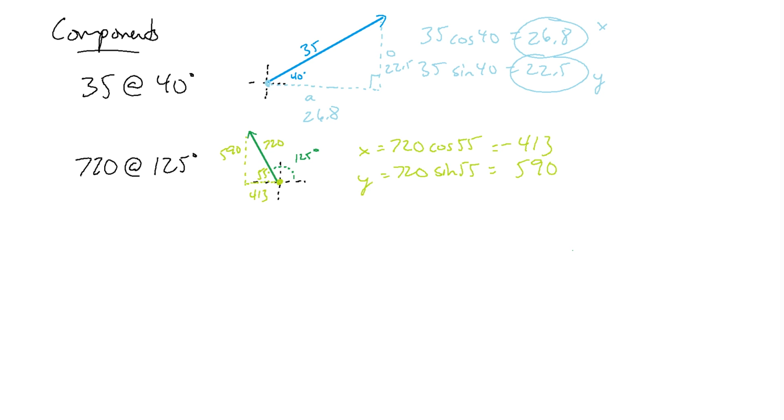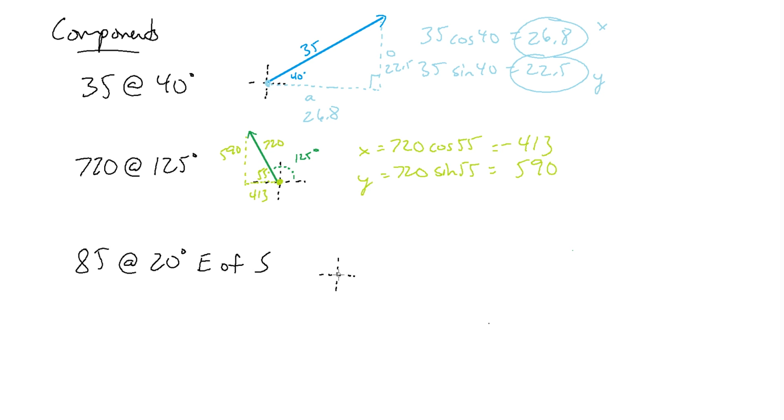Okay, so let's try something else. What about compass directions? What if we have 85 at 20 degrees east of south? Let's piece things together. First, I'm going to draw myself a little reference to help me visualize. I'm going to draw a vector here.